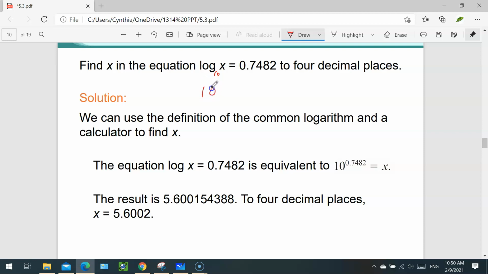You will have 10 to the power 0.7482 equal x. Now you just type this number into your calculator, and then you will find the x. So the x is approximately 5.6002. The question asks you to round to four decimal places.